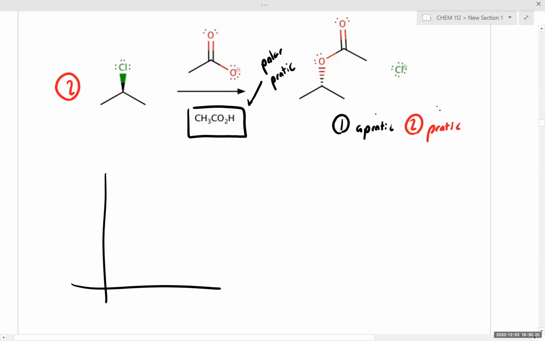What changes? What's the critical difference between aprotic and protic solvents? What do these solvents affect? What do we care about in this coordinate?